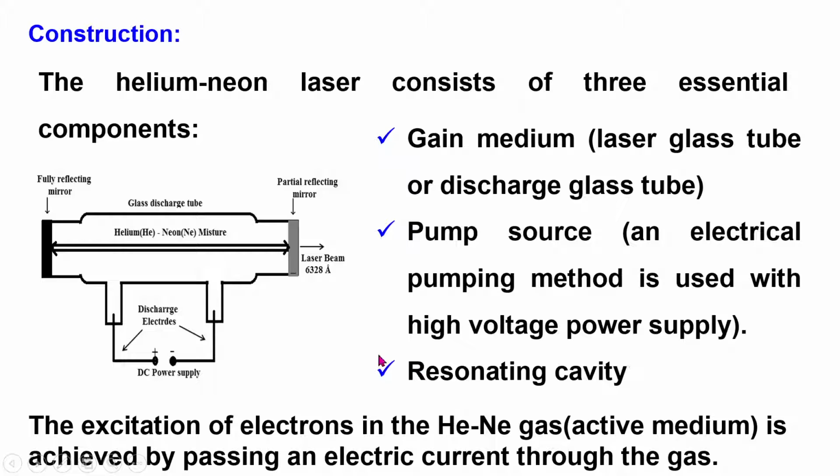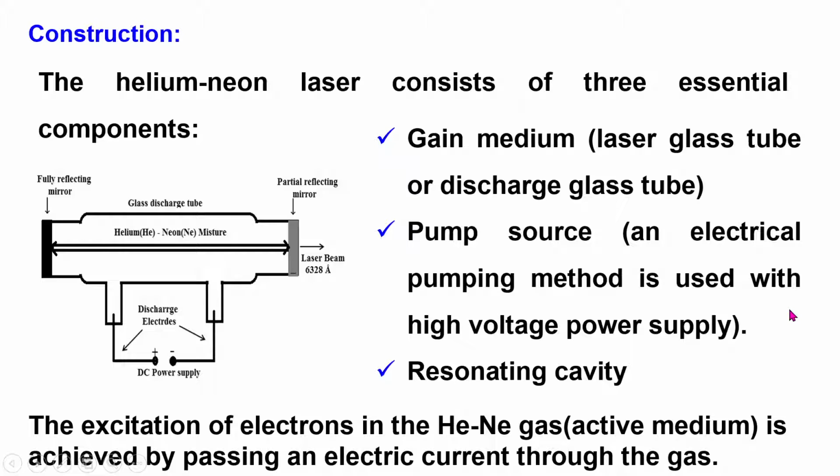The second element is the pump source. An electrical pumping method is used with a high voltage power supply to discharge the gas inside the glass tube. The third component is the resonating cavity.